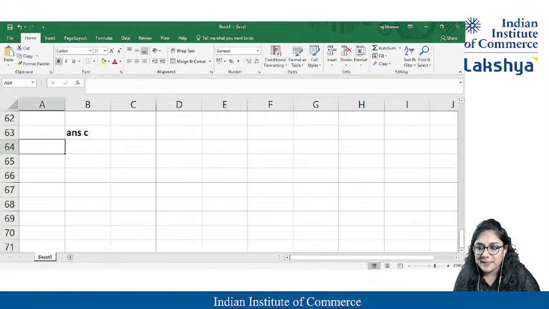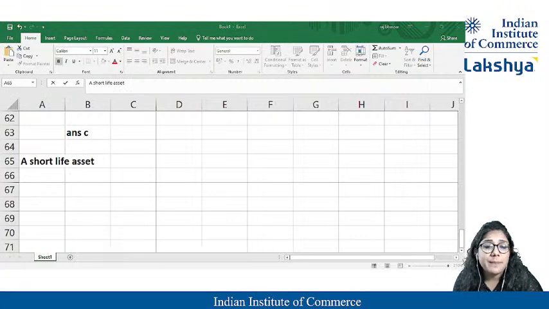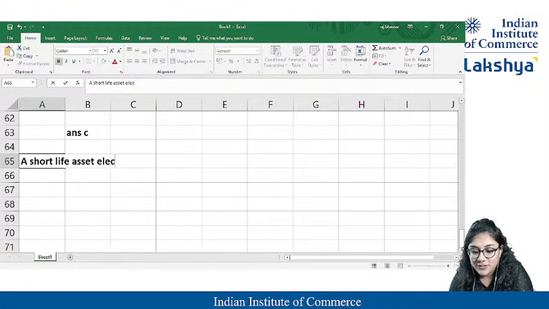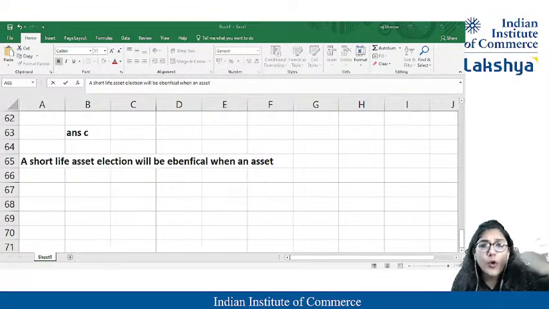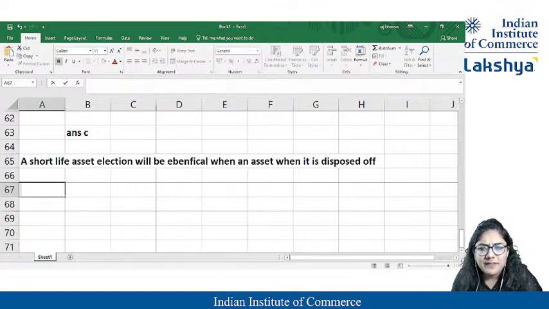So yeah, we need to write: a short life asset election will be beneficial when an asset is disposed of for less than its written down value, guys.